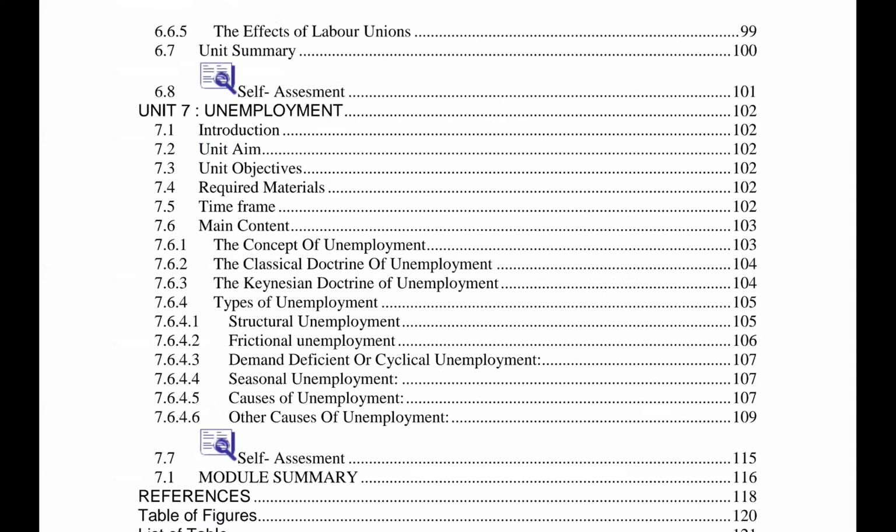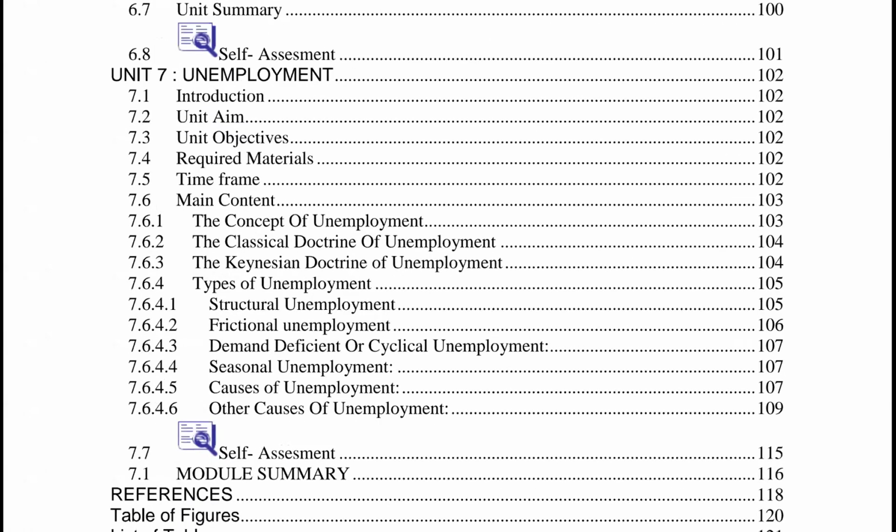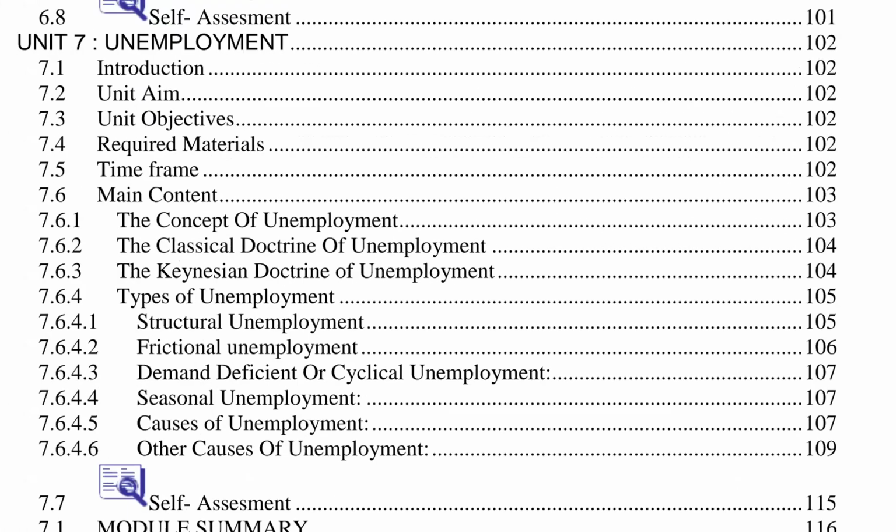And we will end the unit by looking at unemployment. This is the last unit that we'll have in labor economics. We'll define what unemployment is and explain the concept behind unemployment. Even the classical doctrine of unemployment shall be expounded right in here.